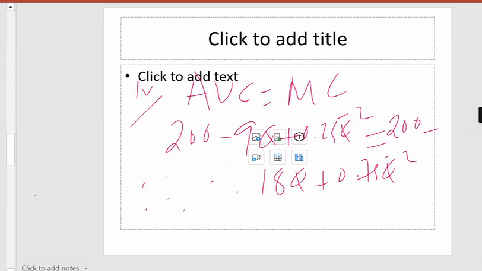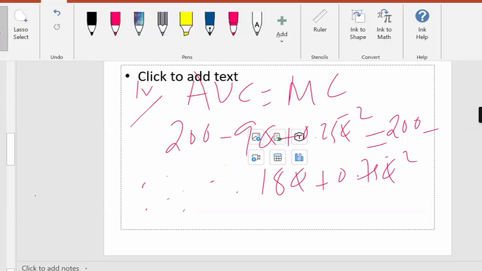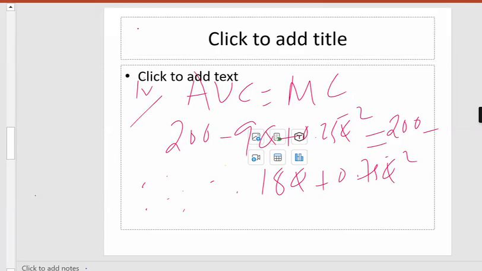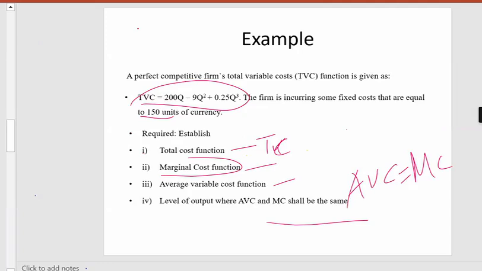For the average variable cost, we divided by Q, so I think that 200 is over Q. Wait, okay, let's see what the total variable cost was. This one was 200Q. So divided by Q, if you divide by Q, it remains 200.